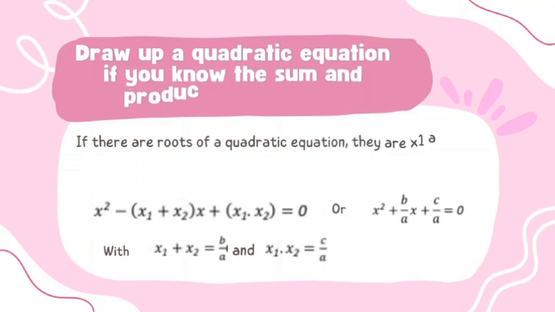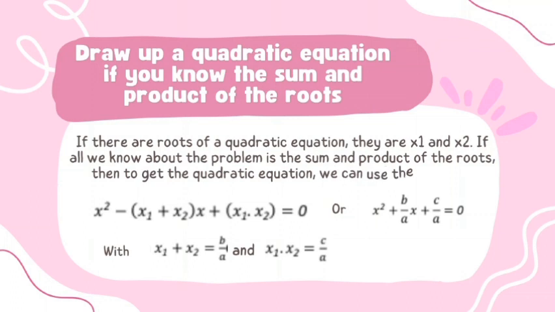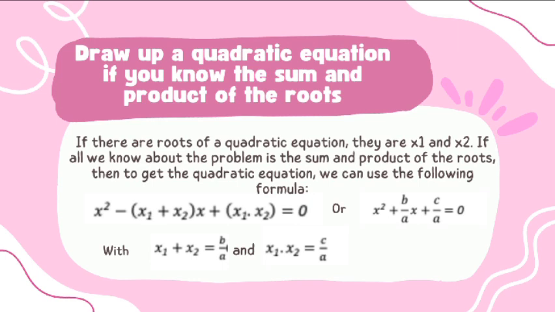Secondly, composing a quadratic equation if you know the sum and product of the roots. If the roots of a quadratic equation are x1 and x2, and all we know is the sum and product of the roots, then to get the quadratic equation, we can use the following formula: x squared minus (x1 plus x2)x plus (x1 times x2) equals 0.